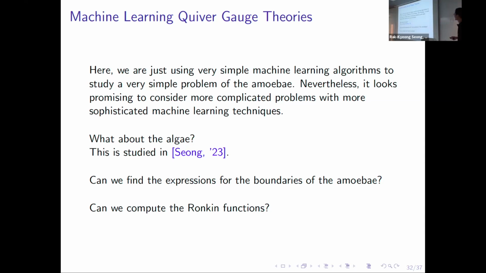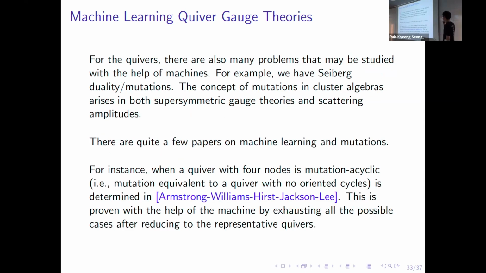In this context, the goal is to find the boundaries of the amoeba and compute the ranking functions, and they are more difficult. So far, I don't have any clues how to do this, but still, I hope we can do the computations. And also regarding the quivers, which encode the physical theories we really care about.